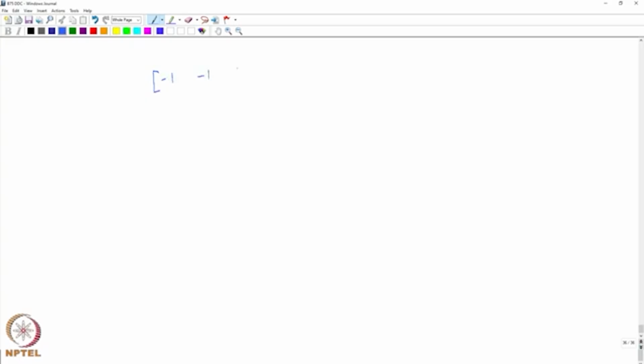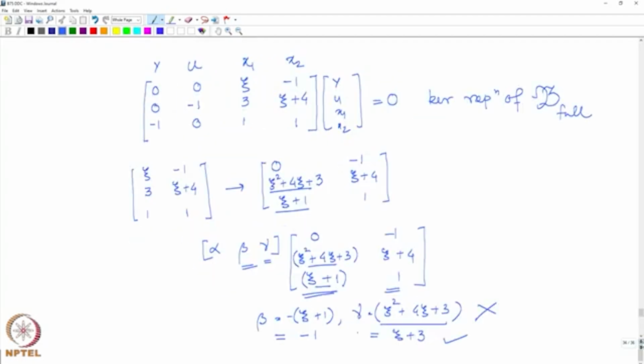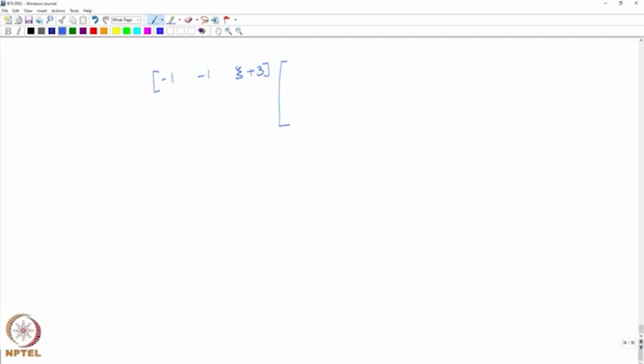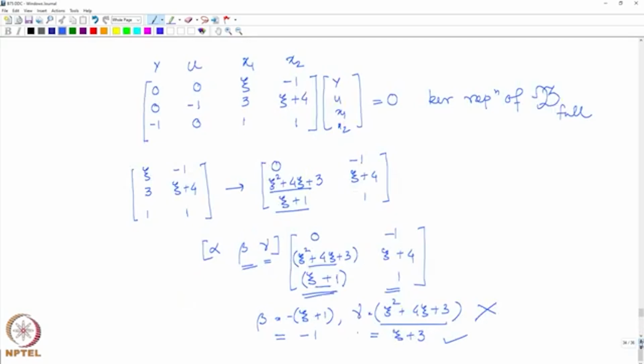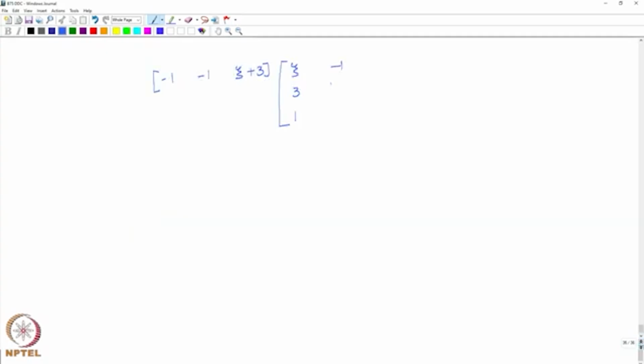Minus 1, xi plus 3. This should multiply R2 and produce 0. What was R2? Xi, 3, 1 and minus 1, xi plus 4, 1. Let us check. The first product is going to be minus xi minus 3 plus xi plus 3. This indeed is 0. So the first one checks out.